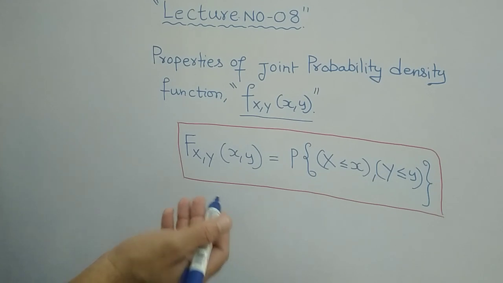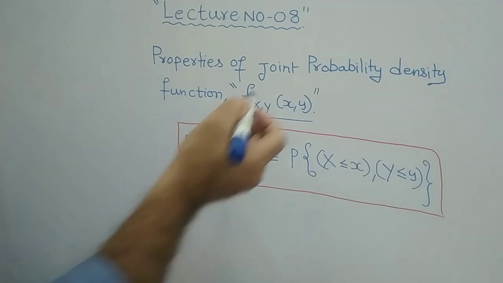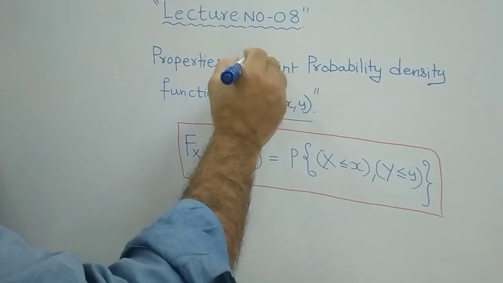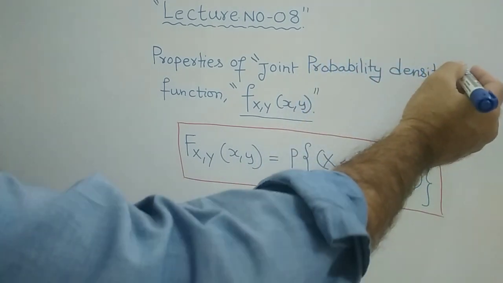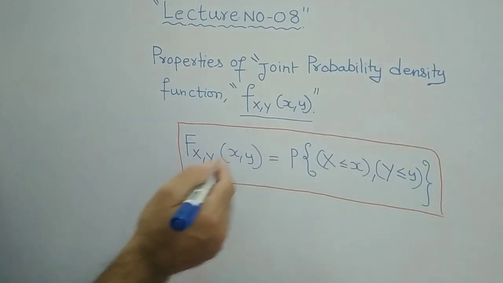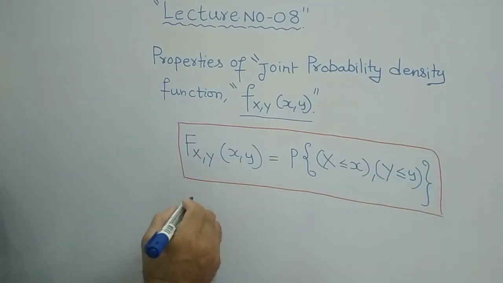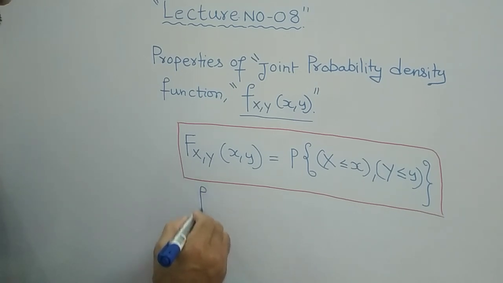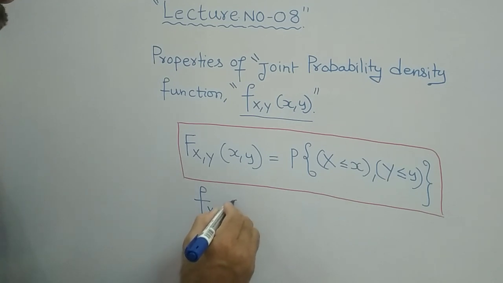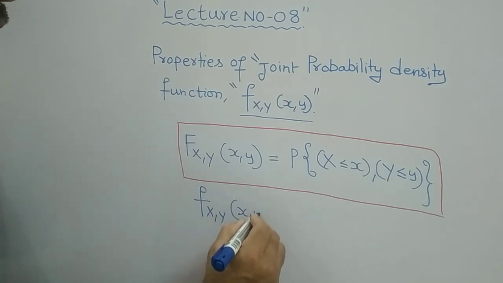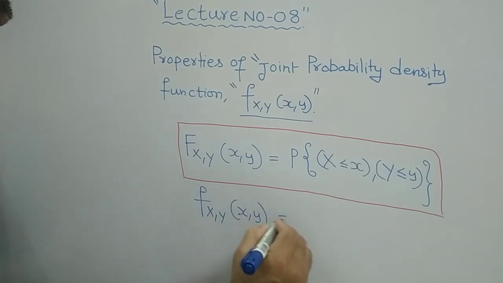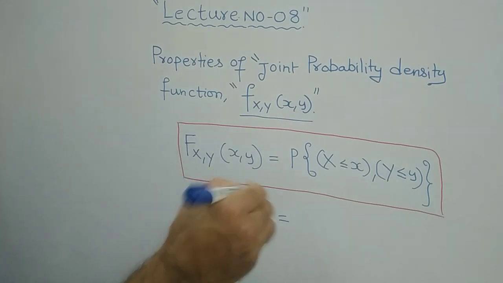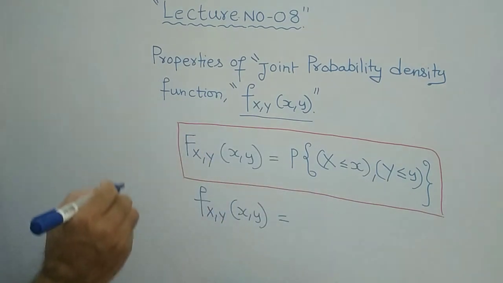Once you know the joint distribution, the calculation of the density is also very easy. The joint density function, joint probability density, or simply joint density, is given as small f of x comma y. This is simply the derivative of the distribution function.